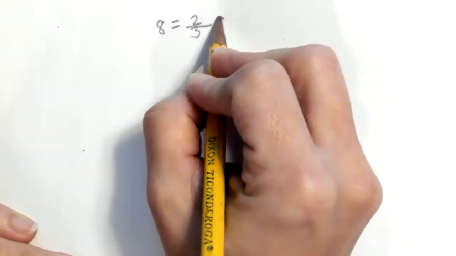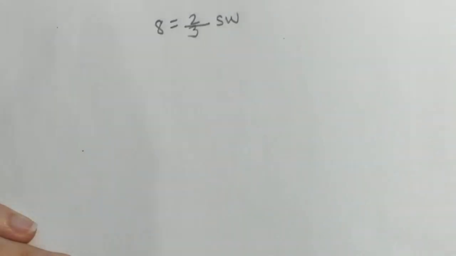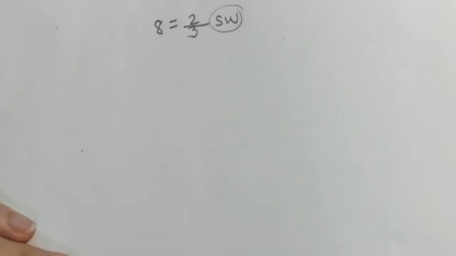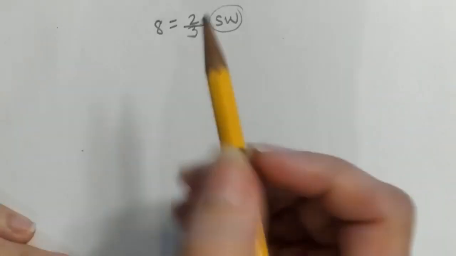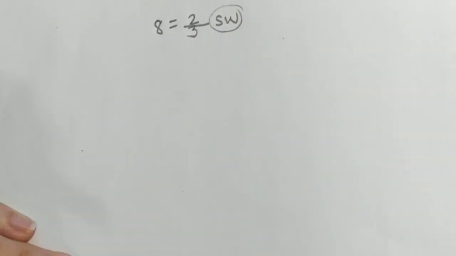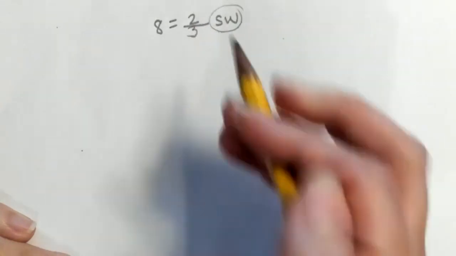Our whole thing was SW, right? If you don't like writing 2 letters here, you could just use X for this. Now, we're trying to get this by itself. This is our whole side length. So we need to get this whole thing by itself, so we need to get rid of this 2/3.